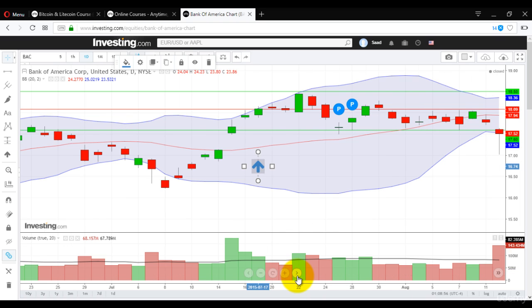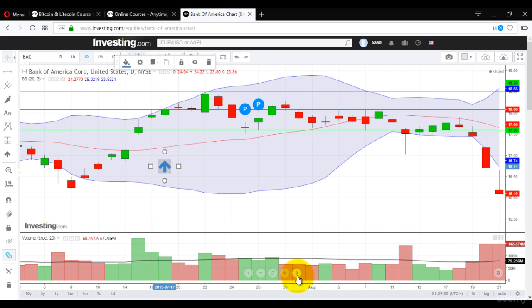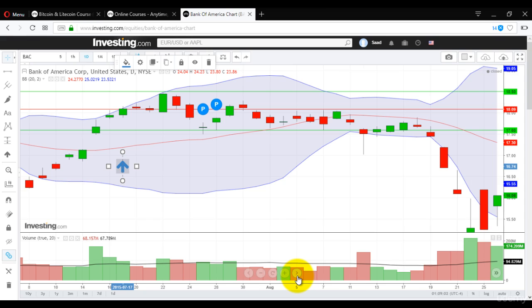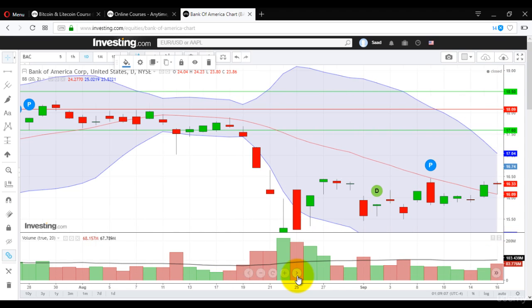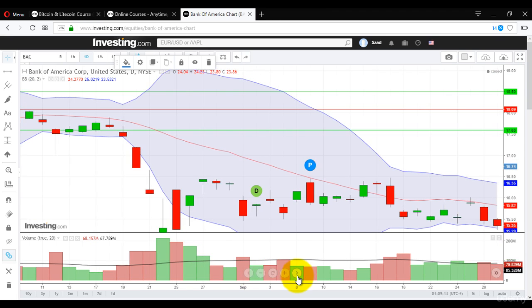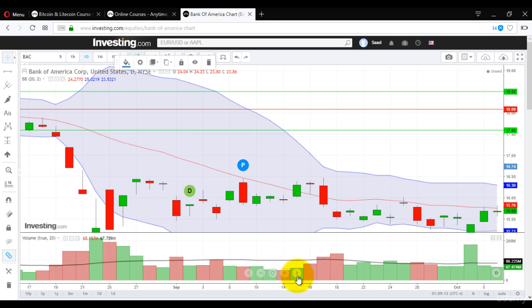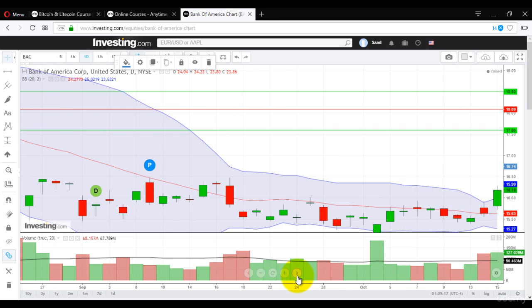Now let's see what happens next. It goes straight, and goes on the bottom. Goes bottom, then again comes back up. Goes straight. And it continues to go straight.